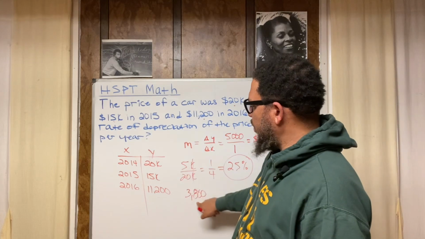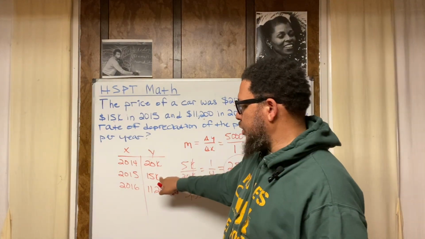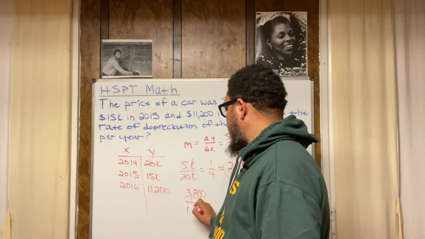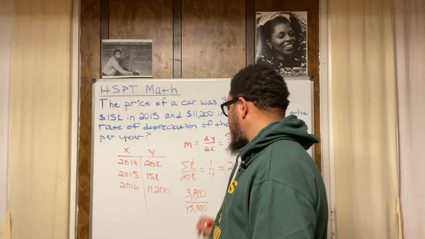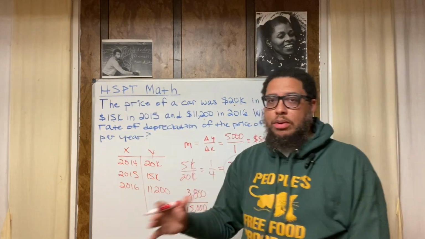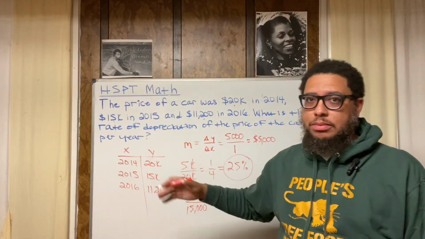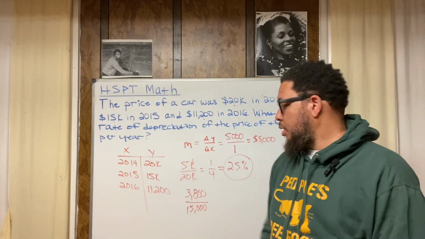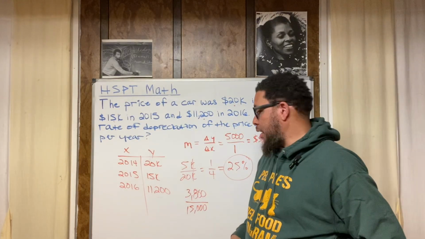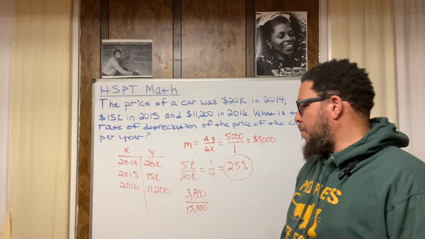But we want to know what fraction this is or what percentage this is out of the original amount, which was 15K. So that's out of 15,000. All right. So now on the HSPT, no calculators are allowed, right? If you were just doing this problem on your own or in another setting, you would probably use a calculator. I would definitely use a calculator. But because on the HSPT there's no calculators allowed, I'm going to think about how to do this without a calculator.